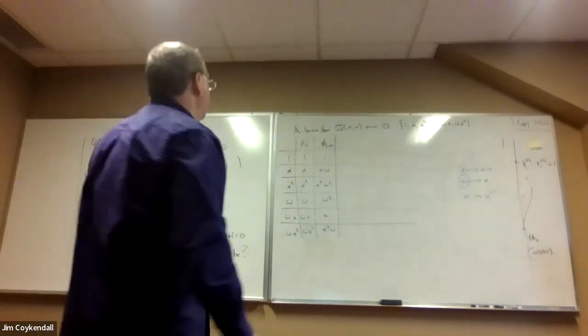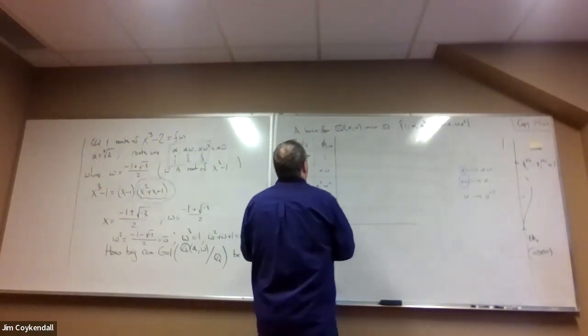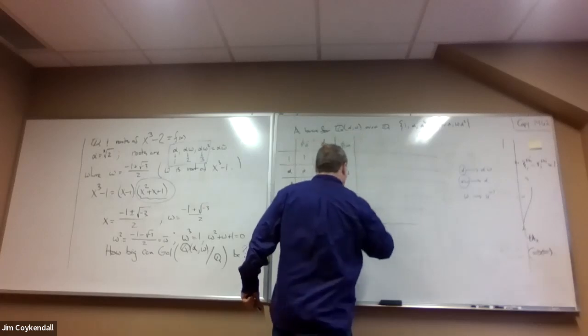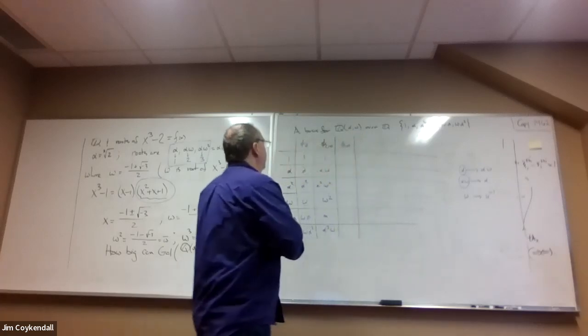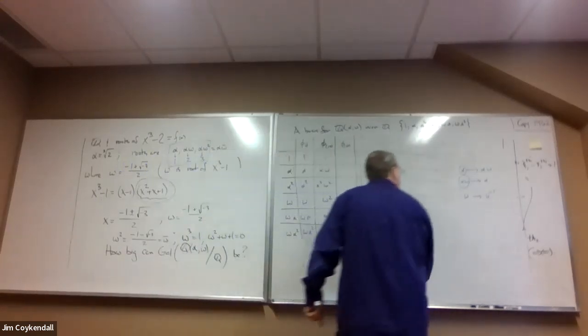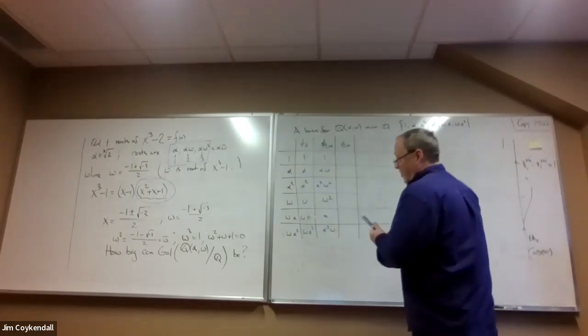Okay, how about this one? Phi of 1, 3. Well, this one is attempting, let's see, 1, 3.